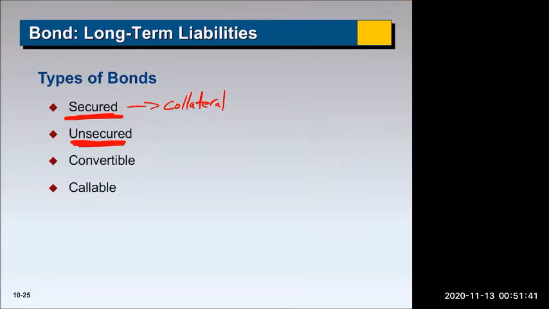Remember, there's a risk-reward relationship, and if I don't have anything securing that bond, and if I go bad on it, you just lose out on everything. That's riskier. There's unsecured bonds, which are riskier. There's convertible bonds, meaning that they can be converted into certain numbers of shares of stock. Okay, different types of bonds, but bonds are notes payable.